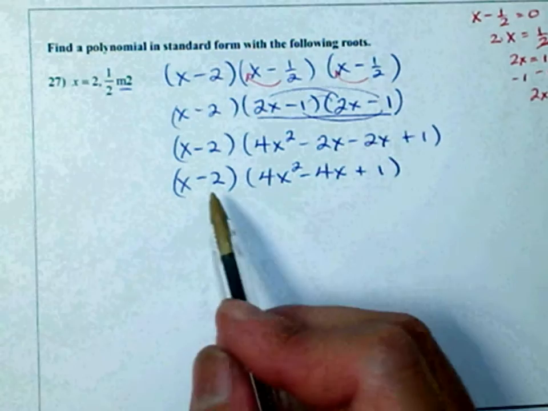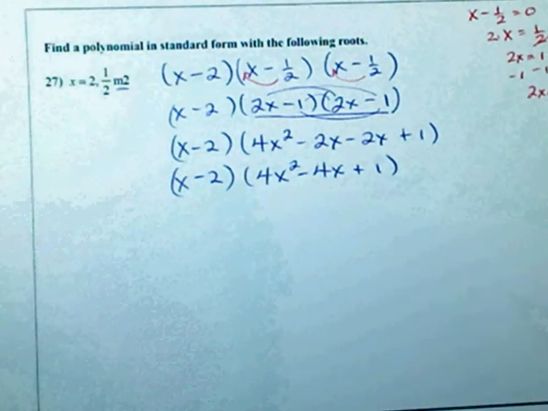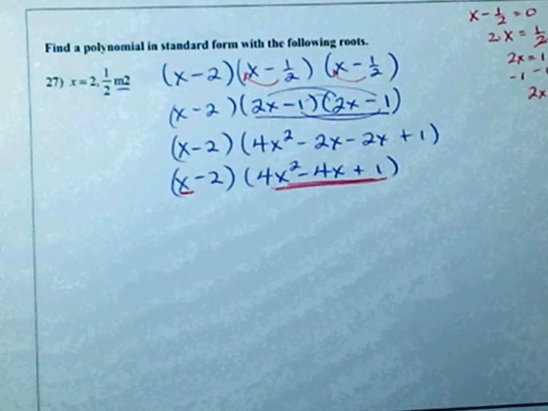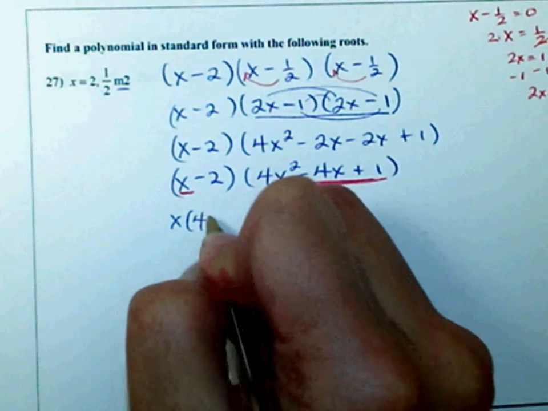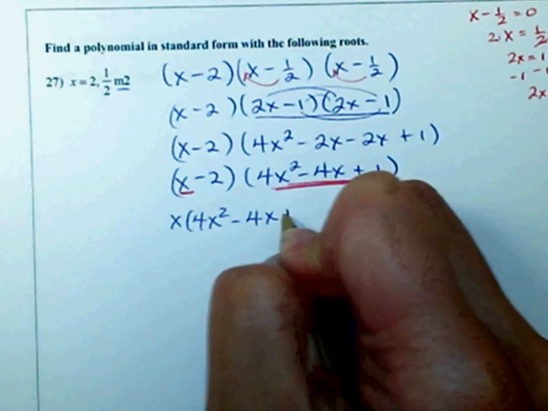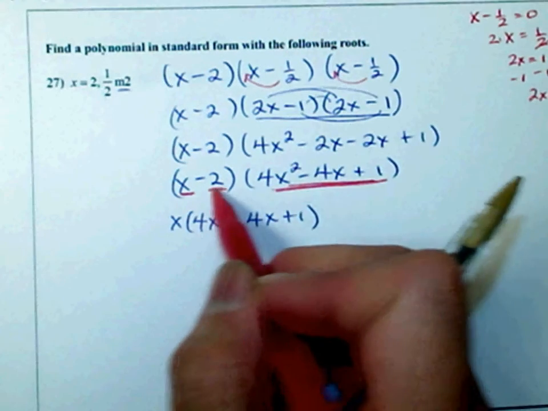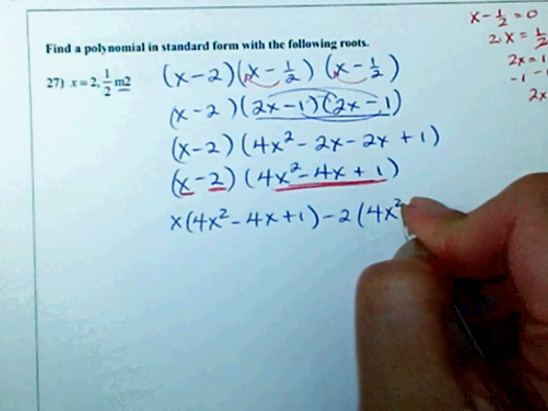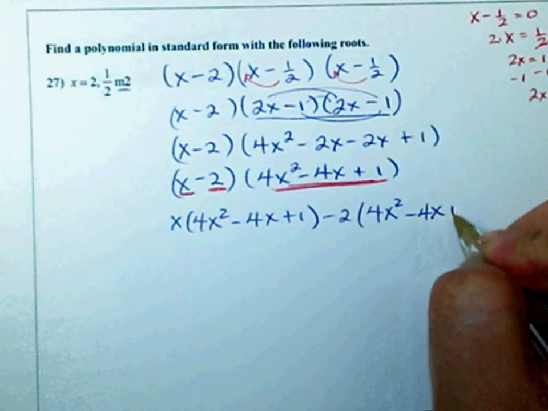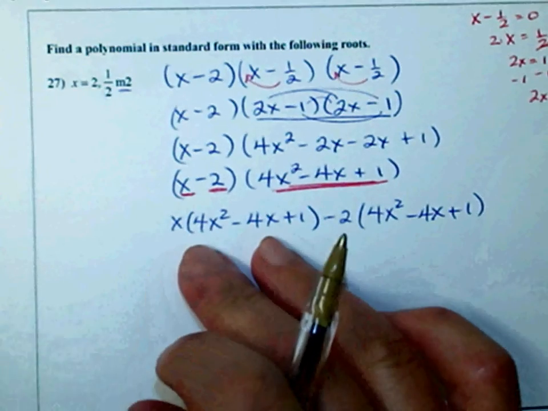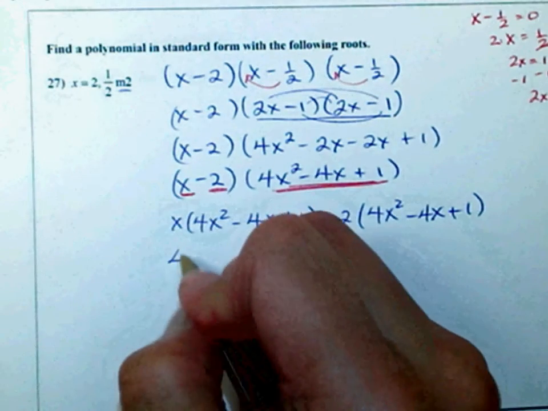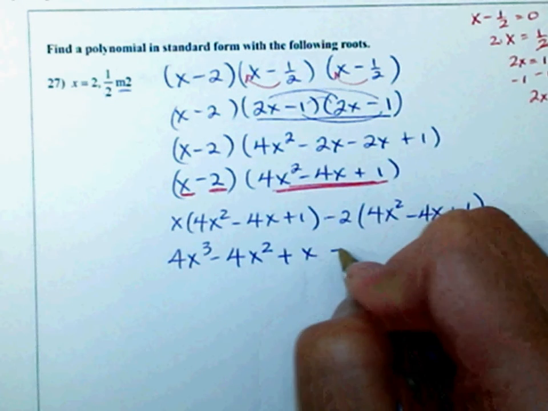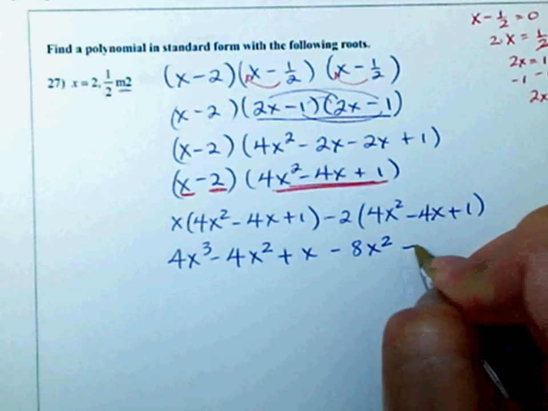So what you want to do is take this first one times all of that. So x times 4x squared minus 4x plus 1. Take your next one times all of that. Minus 2 times 4x squared minus 4x plus 1. Okay? Distribute, multiply. So now you have 4x to the third minus 4x squared plus x minus 8x squared plus 8x minus 2. Check your math.